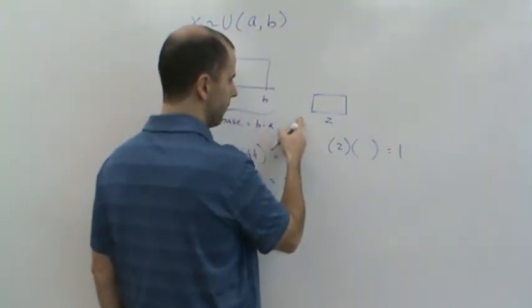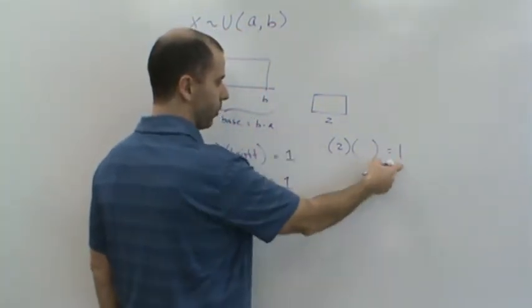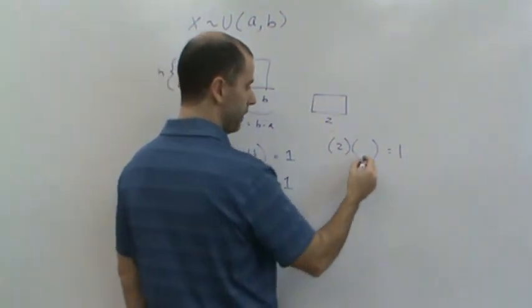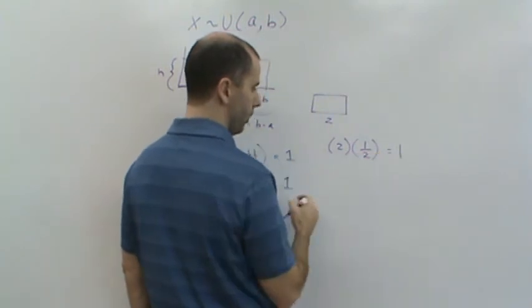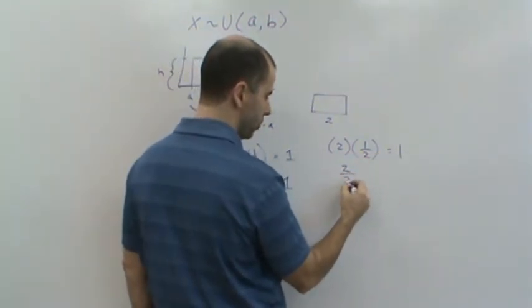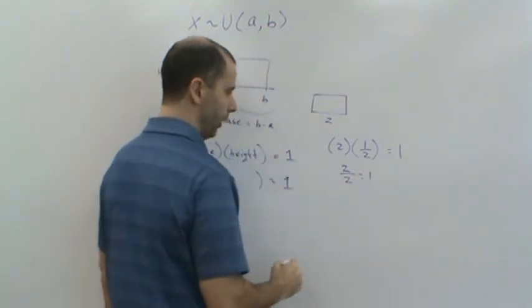What does the height of the rectangle need to be? Well, 2 times what equals 1? In this case, it's going to be 1 over 2, because 2 times a half gives me 2 over 2, which equals 1.